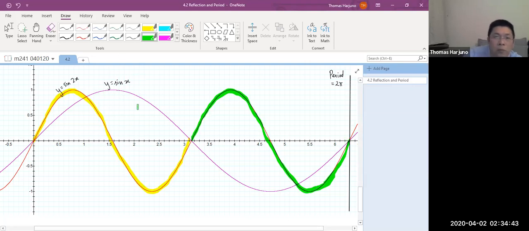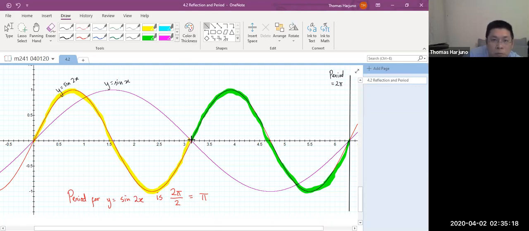So can you tell me what is the period for y equals sine 2x? Well, in 2 pi, it makes 2 cycles. So in 1 cycle, it will take pi. It just takes pi to finish 1 cycle.